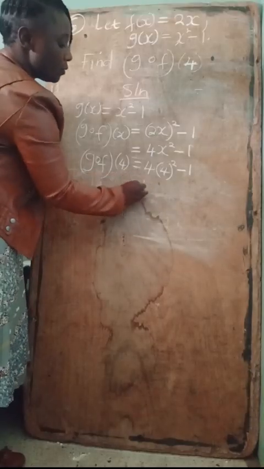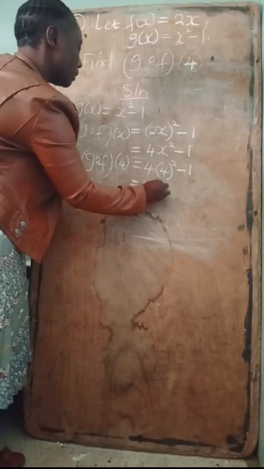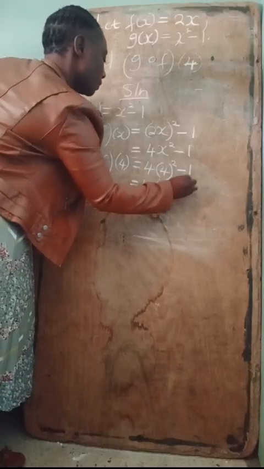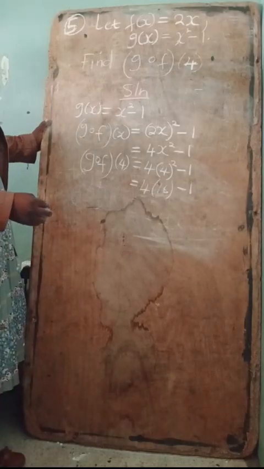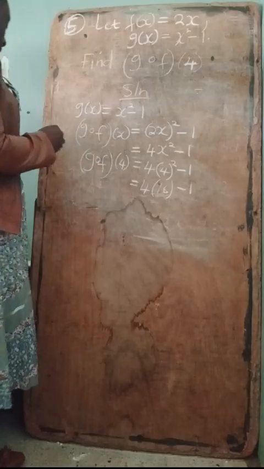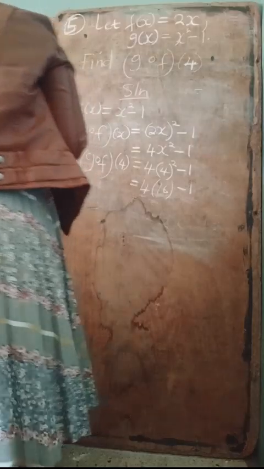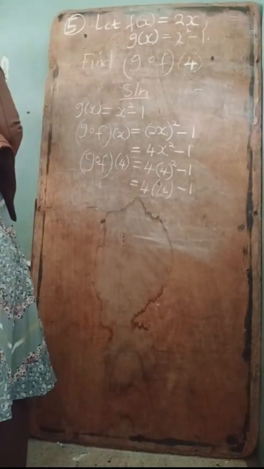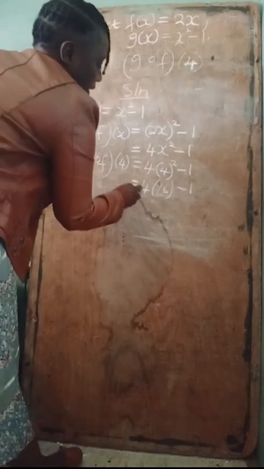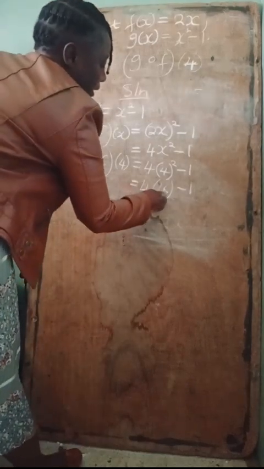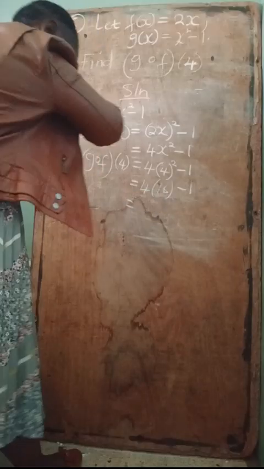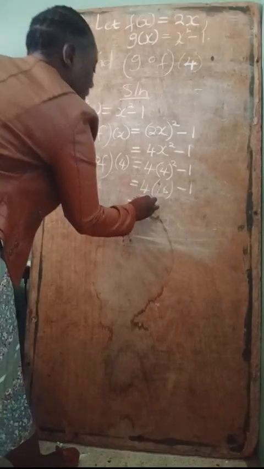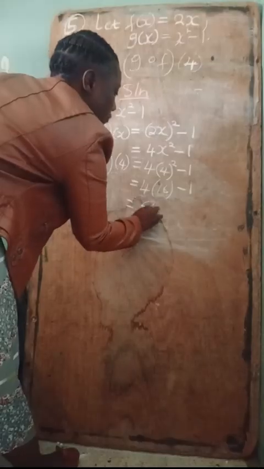So 4 squared, we know it is 16, minus 1. Okay, so when we simplify this, what are we getting there? You discover that when you simplify this times that, we get a 64.